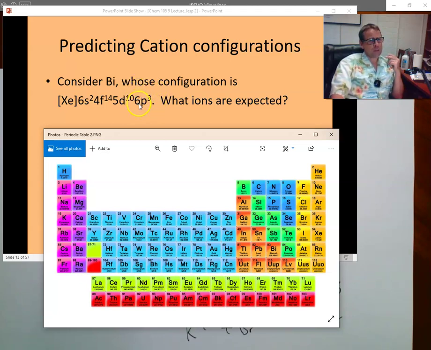Okay, so now let's remember how that works. When two sets of electrons have the same n value, and that's the case here, and n is usually our number for identifying energy, then we can use the L value to distinguish between energy.